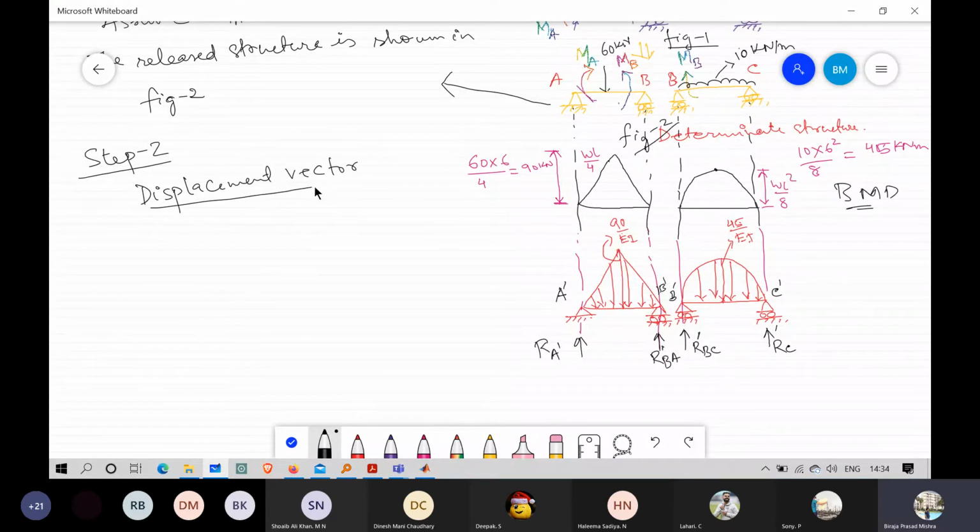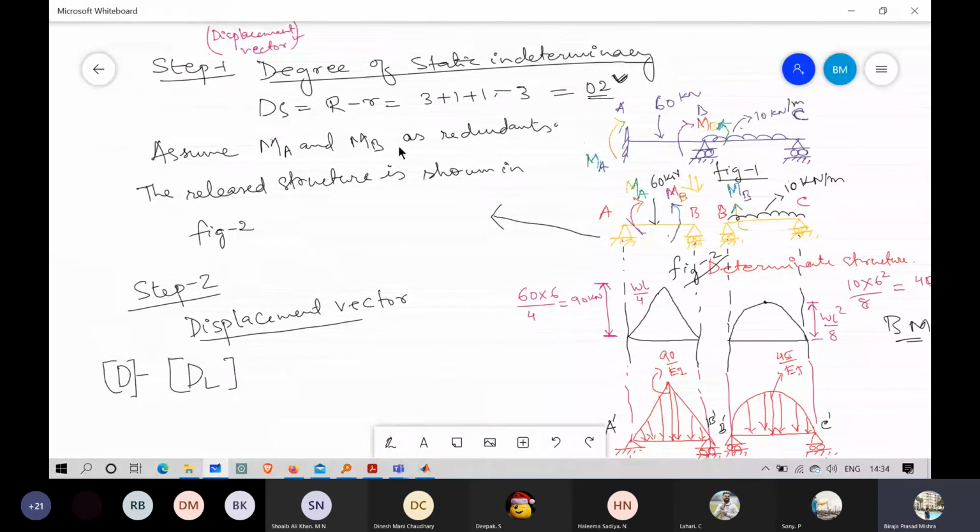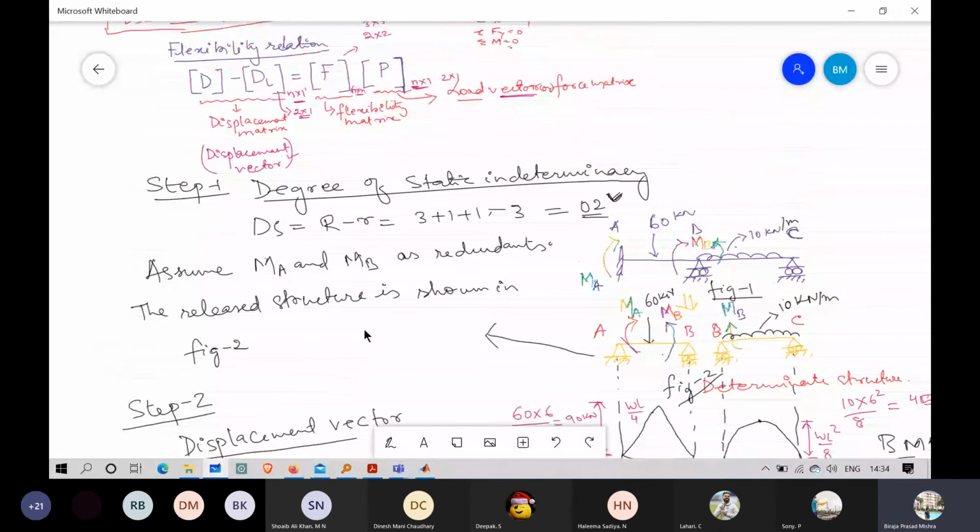The displacement vector is d minus dl, as I already told you here.